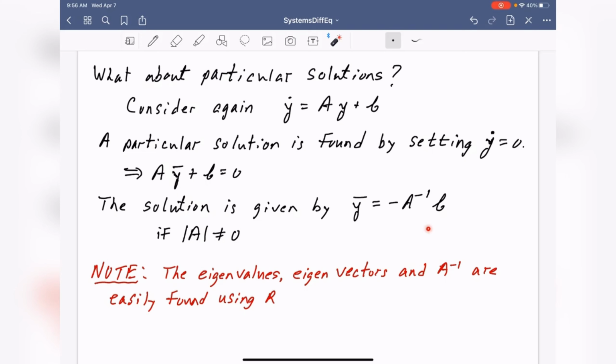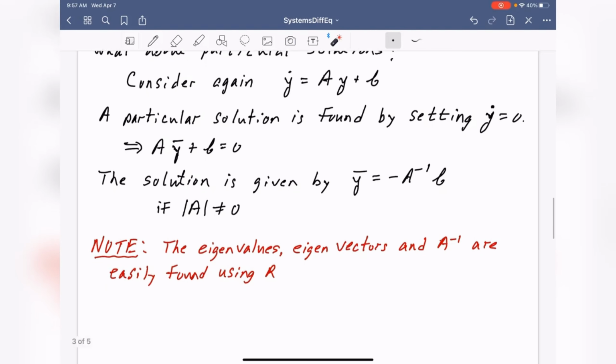Now this is quite easy, because in R it's very easy to find the eigenvalues, the eigenvectors, and A inverse. A inverse can be found simply using this expression here, solve.